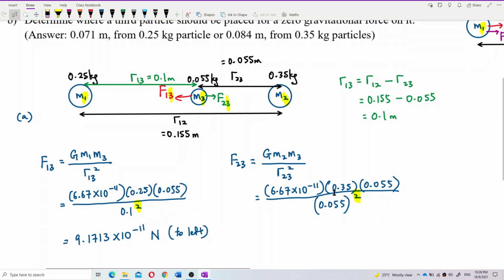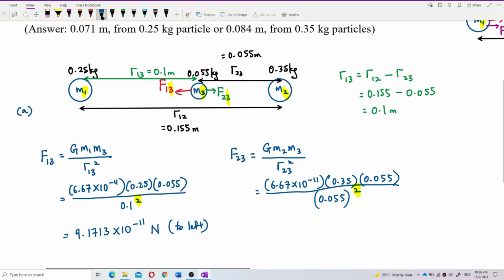So now let's calculate the value for this also. What's the answer for F23? I got the answer 2.2445 exponent negative 10 Newton.